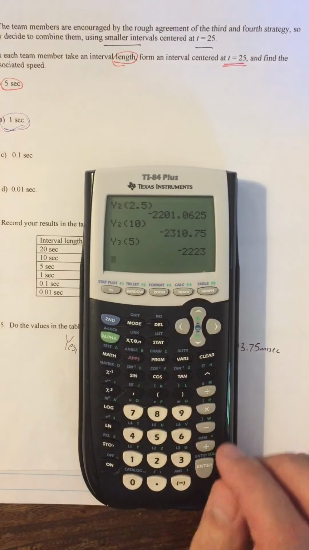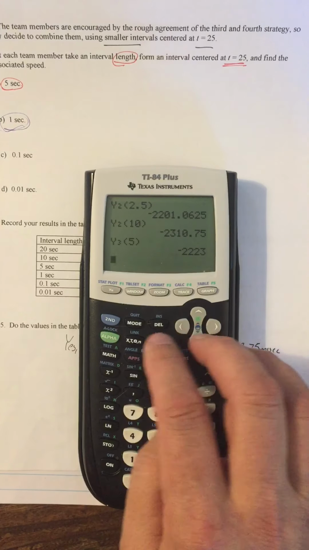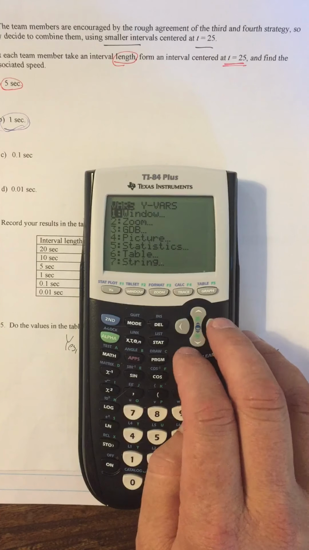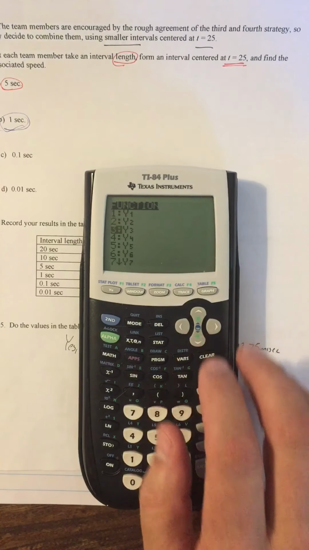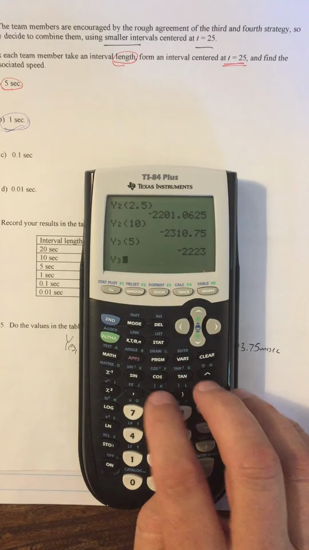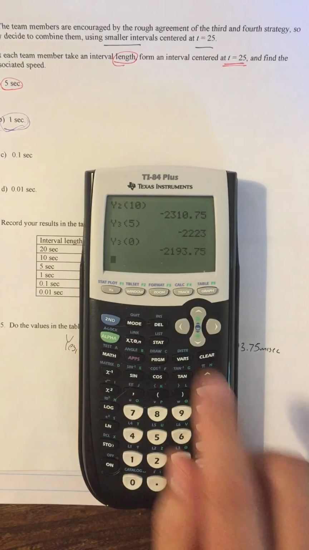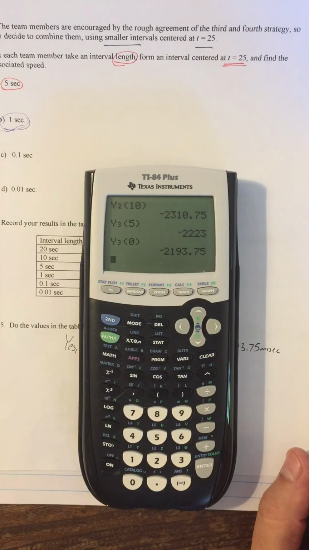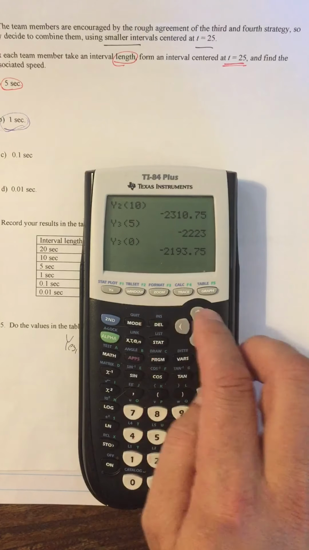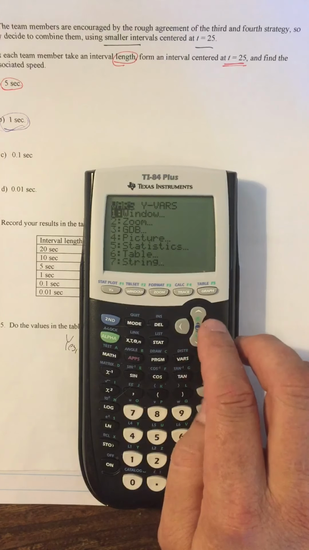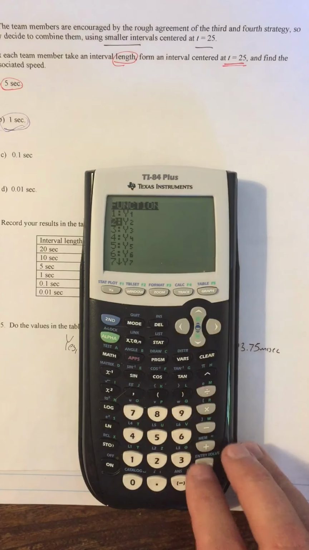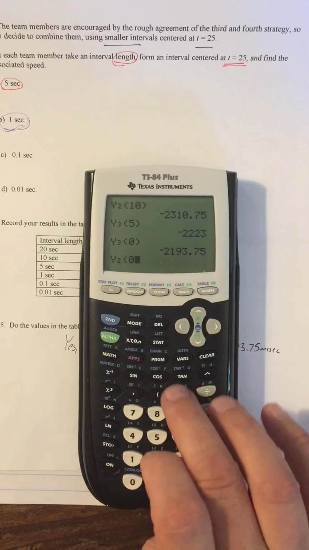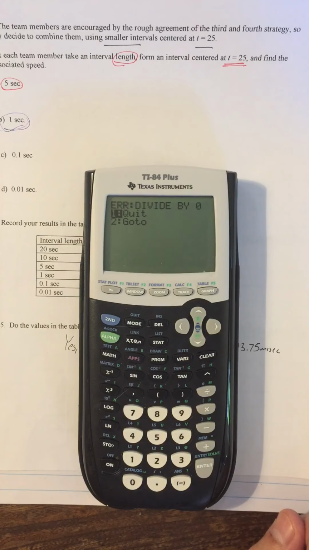The difference is that if I do y3 of 0, it gives me a value, negative 2193.75. But if I do y2 of 0, you know what's going to happen. I get error divide by 0. You can't divide by 0.